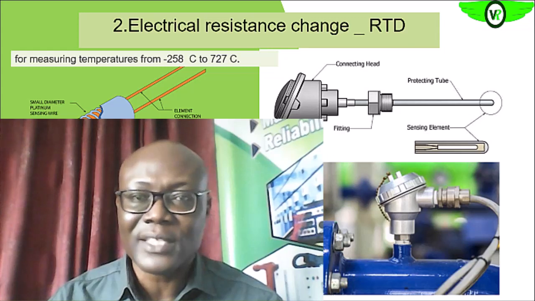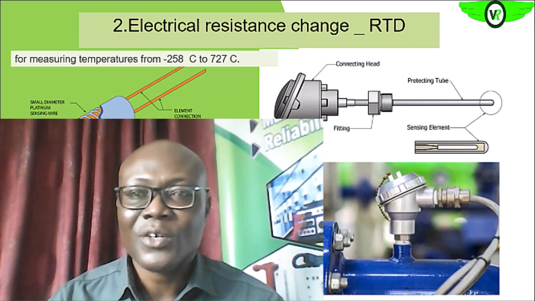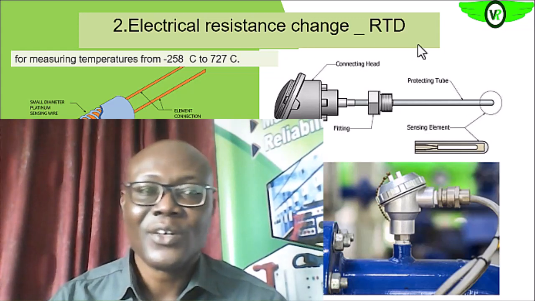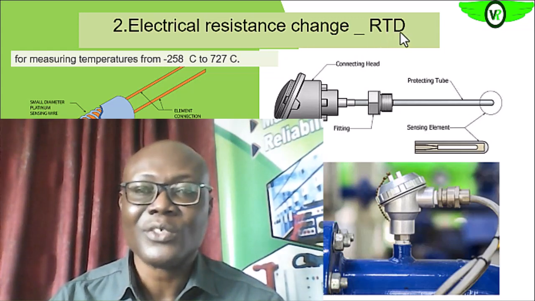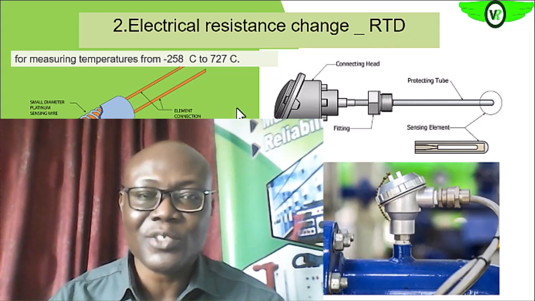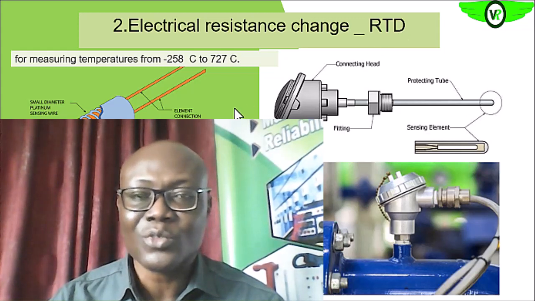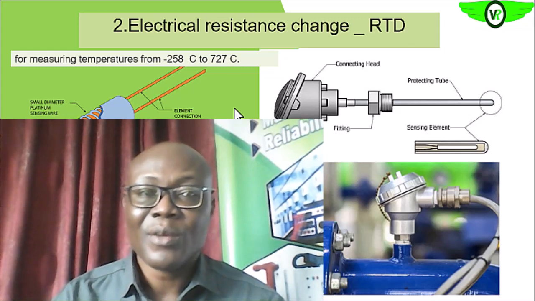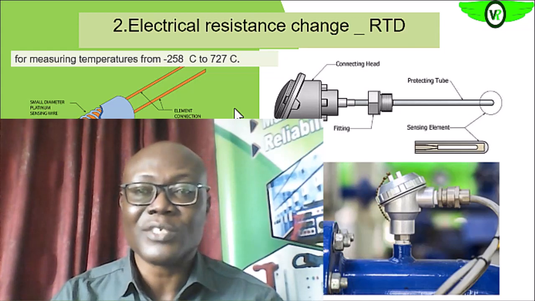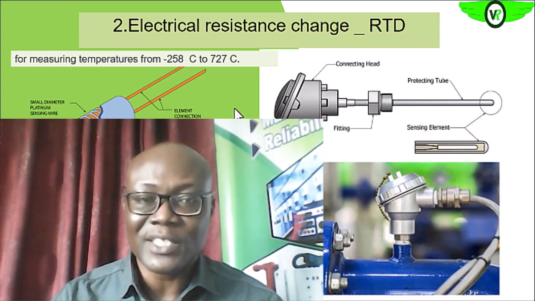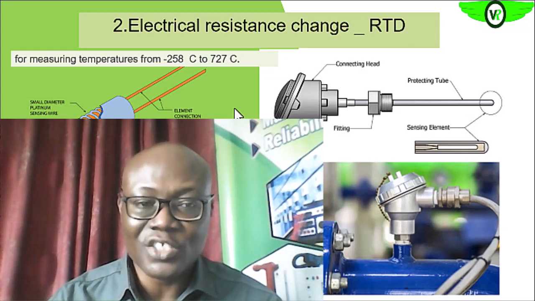So we have another type of temperature sensor, which is the resistance temperature detector. The resistance temperature detector uses as a sensor materials whose resistance will change as the temperature of the material is changing.